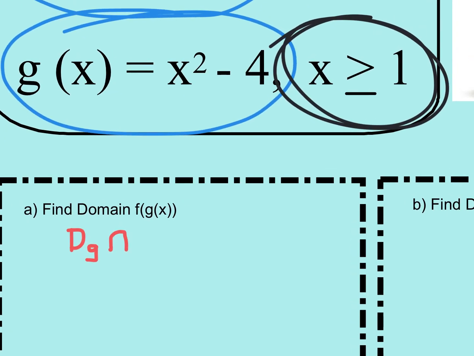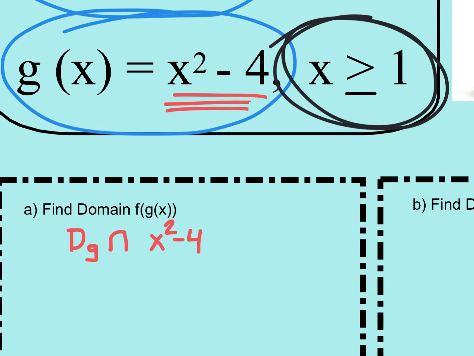So you may recall that I started with the domain of the inside one, which is the domain of G. Intersect that with the inside function, not the domain of it, the inside function, which is g of x. And I don't know what it is yet. Oh, there it is. There's g of x. So x squared minus 4 is the inside function.